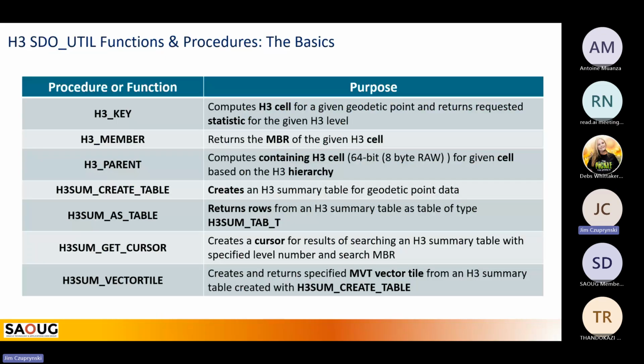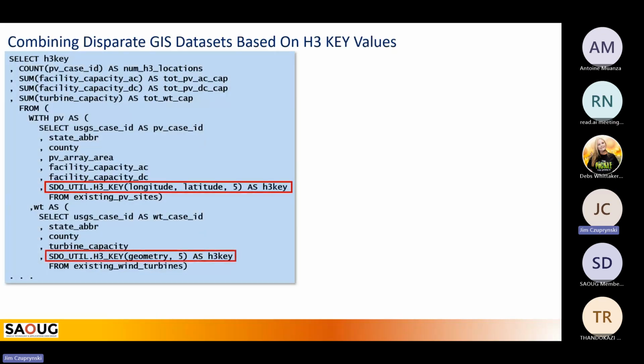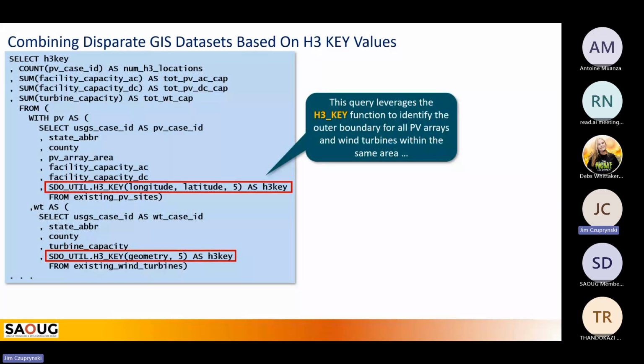Here, what we're trying to do is figure out not where is the wind turbine, but where are the greatest concentration of wind turbines or photovoltaic arrays, or even electric vehicle chargers. And they're all going to be displayed as a series of pentagons. So here's an example of building or using these H3 keys and the hierarchical indexing strategy with H3.